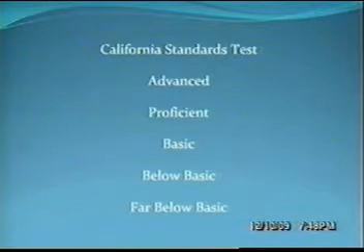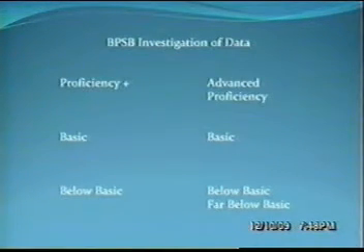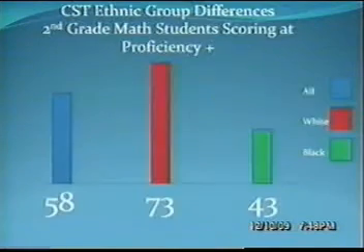So we decided to do something very different. Let's take proficient and add it to advanced, make that one item, and make basic stand by itself. Then we decided to run below basic and far below basic together, just to see those comparisons on a page so it's not so jumbled.